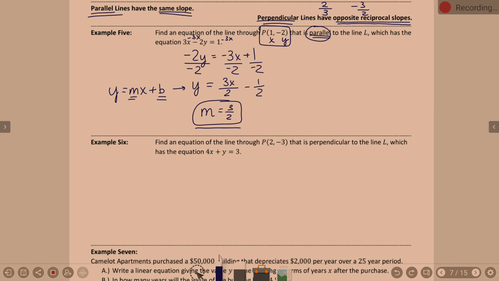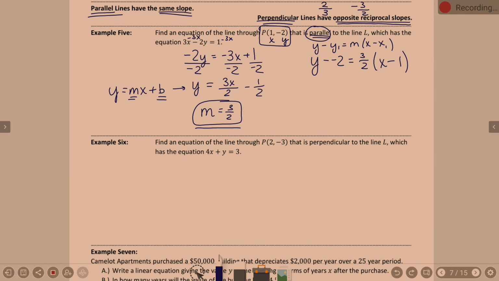So if I'm using point-slope, think y minus y1 equals m times x minus x1. Y minus what? Negative 2 equals m, 3/2 times x minus 1.